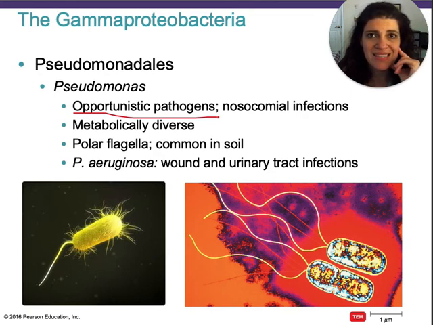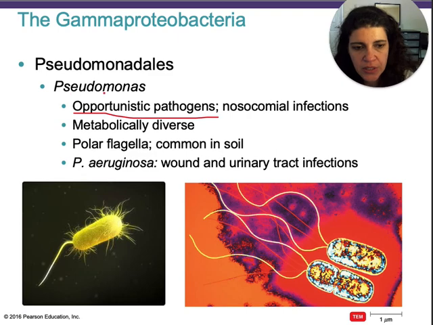So usually the opportunistic diseases that they cause are urinary infections, and they tend to infect wounds, mostly the ones caused by burns. Okay, so look, it has a polar flagellum, actually two. See here, you see two flagella, and some pili around them.